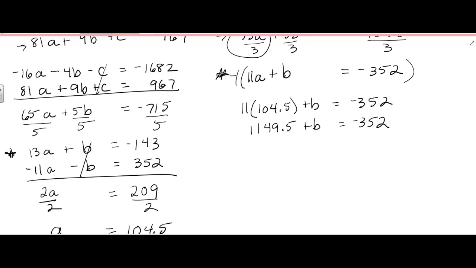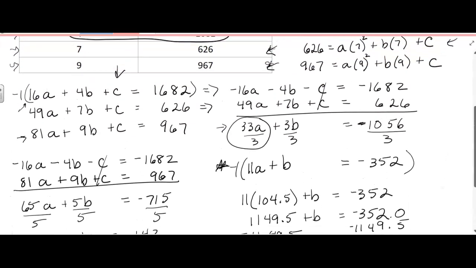Okay. And then if I subtract this, so a little bit of decimal work here, b equals, let's see, negative 1501.5. That was b. Then you have to go find c.